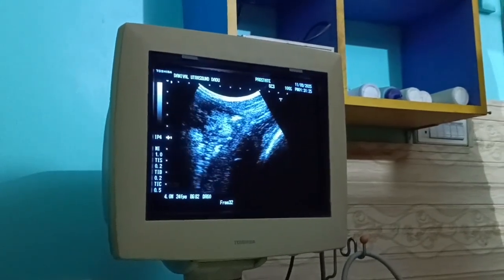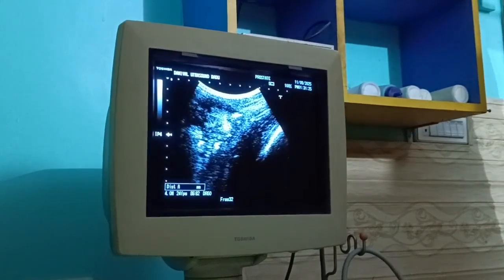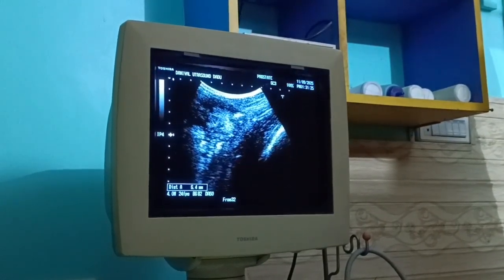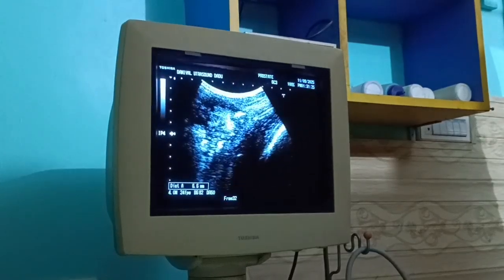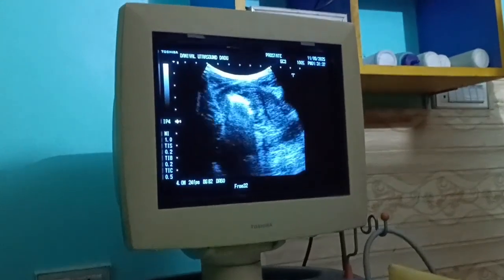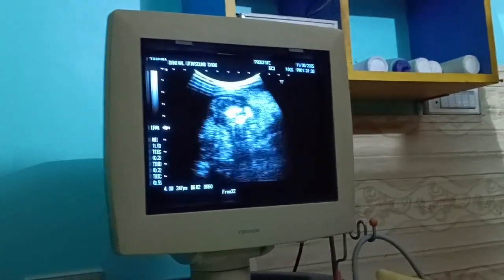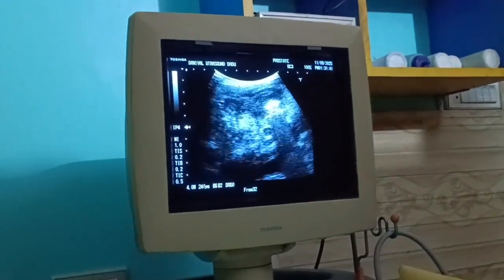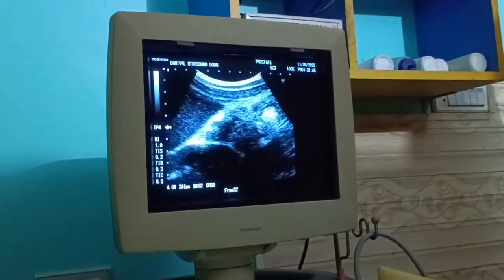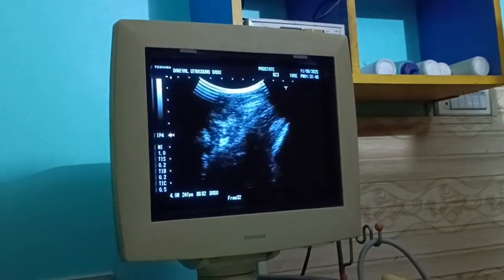Here, if we measure the gut wall thickening, it is 0.6 to 0.7 centimeters. So this is gut wall thickening, definitely showing hypoechogenic walls of the gut. There is no gut related mass.